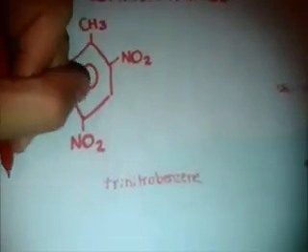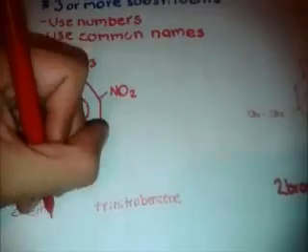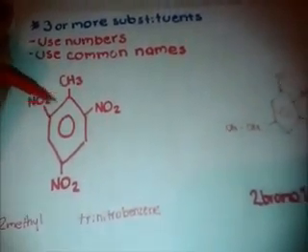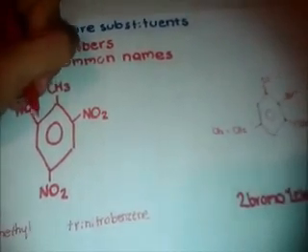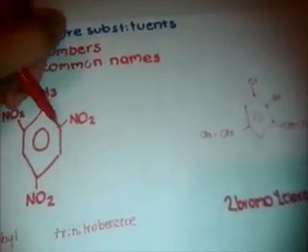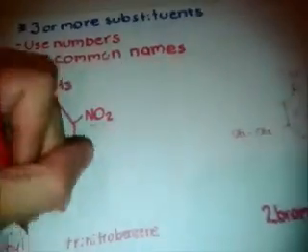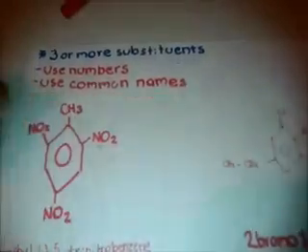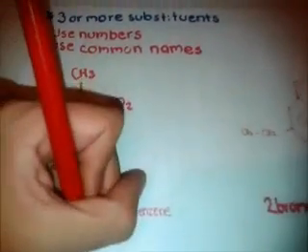So it's 2-methyl, and we only have to add the nitro groups in the first, the second is methyl, the third one, and fourth, fifth. So it will be 1, 3, and 5. This compound is also known as TNT.